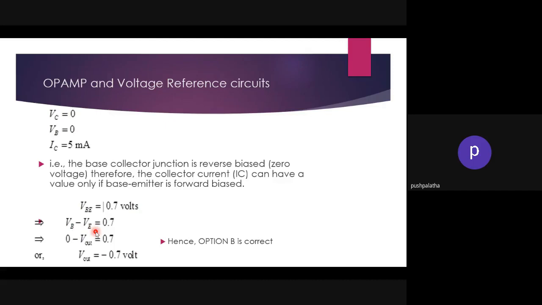VB is grounded, 0, so 0 minus Vout equals 0.7. So Vout equals minus 0.7 volt. Hence option B is correct. Understand? This is the way you always need to find it, and you need to guess it.